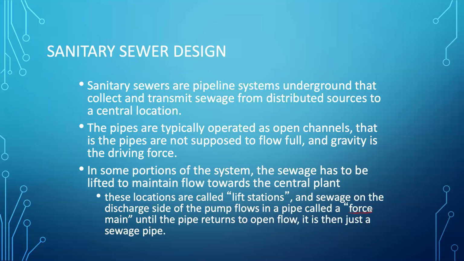So when you see the words force main, or you hear a contractor or operator talk about a force main, they usually mean the discharge side of the pump and the portion of the piping on that side that's still pipe under pressure. And in the case of a lift station, that force main might be hundreds of feet long until it discharges into an open channel, which could just be another underground pipe. And then it's just ordinary sewage pipe at that point.